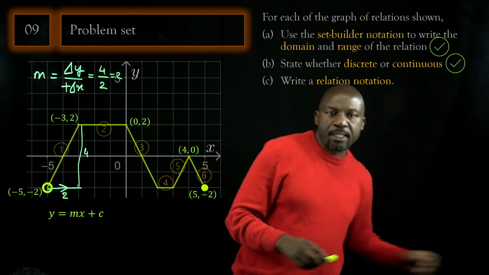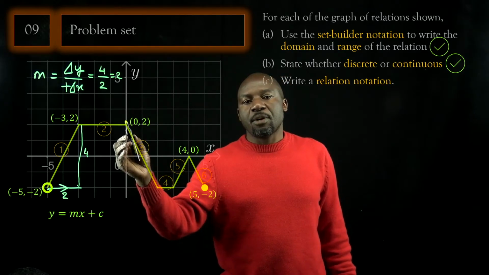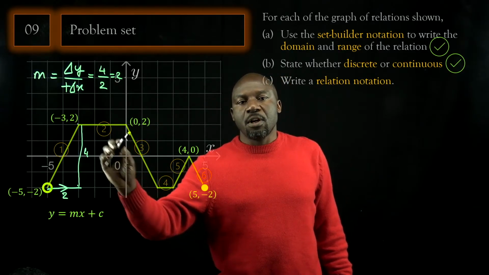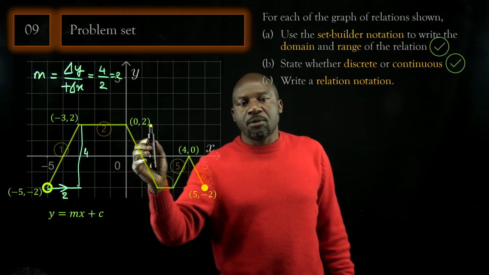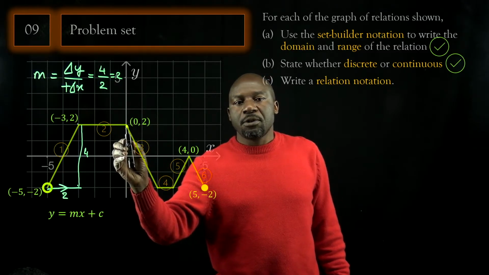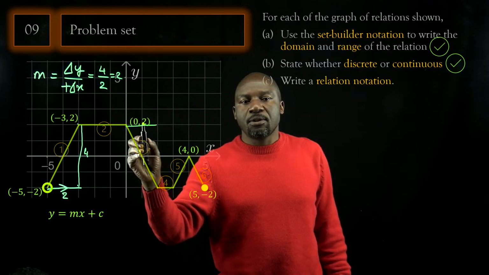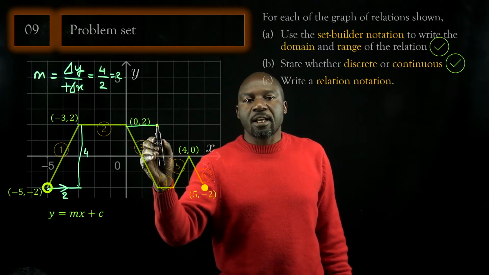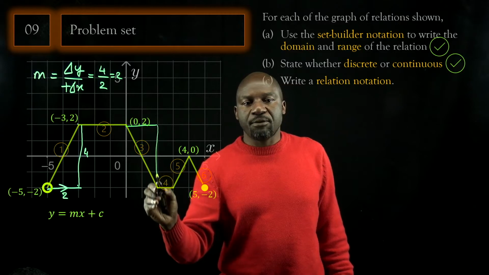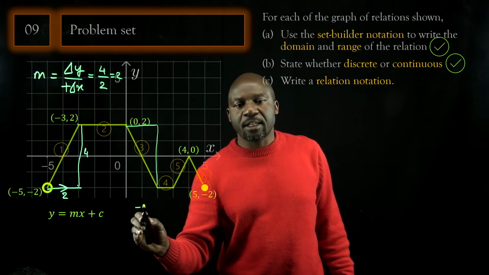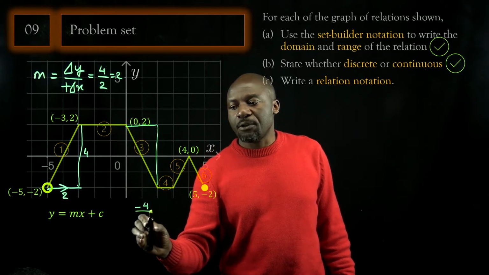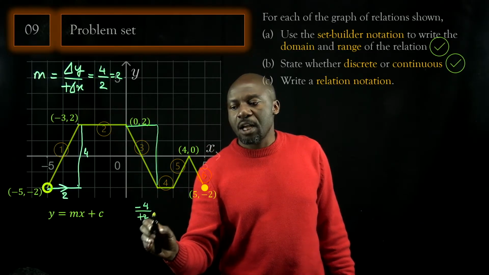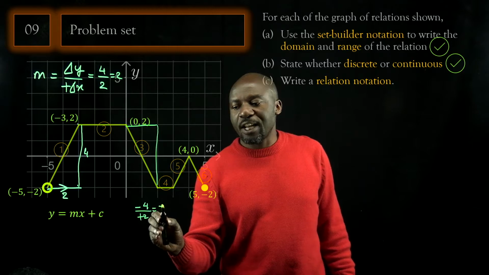And I will reason like that. What about this one here? It has a gradient of 0. What about this one here? Well, as I move from this point to this point, I move 2 steps forward, so that's positive 2. But in the y direction, I move negative steps. So I have negative 4 steps, according to change in y over change in x, negative 4 over positive 2, and that gives me a gradient of negative 2.